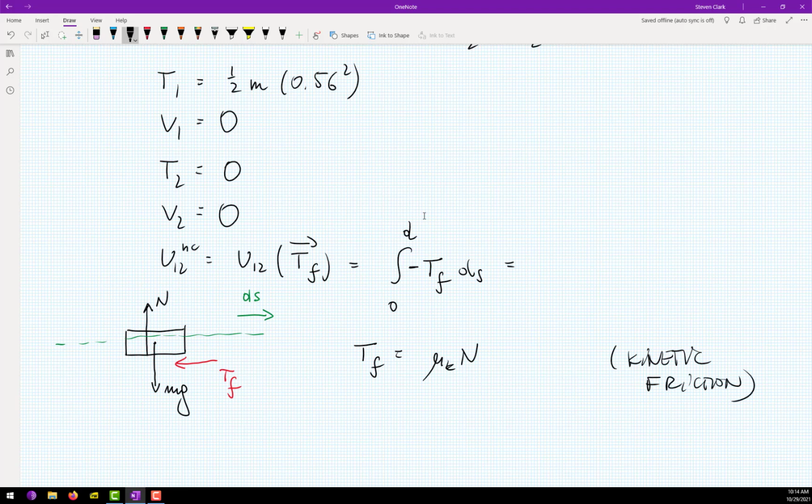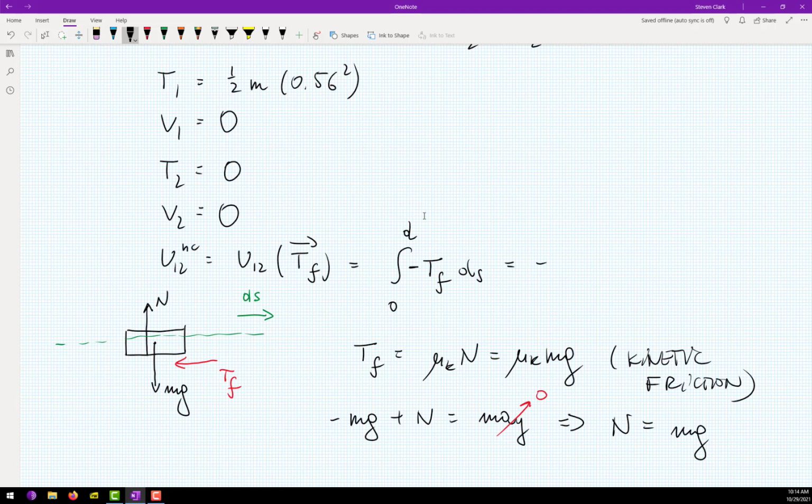Okay, and we also know that minus mg plus N is equal to m a_y. However, this is 0 due to the constraint. So from here we see that N has to be equal to mg, and that means mu k mg is equal to Tf.